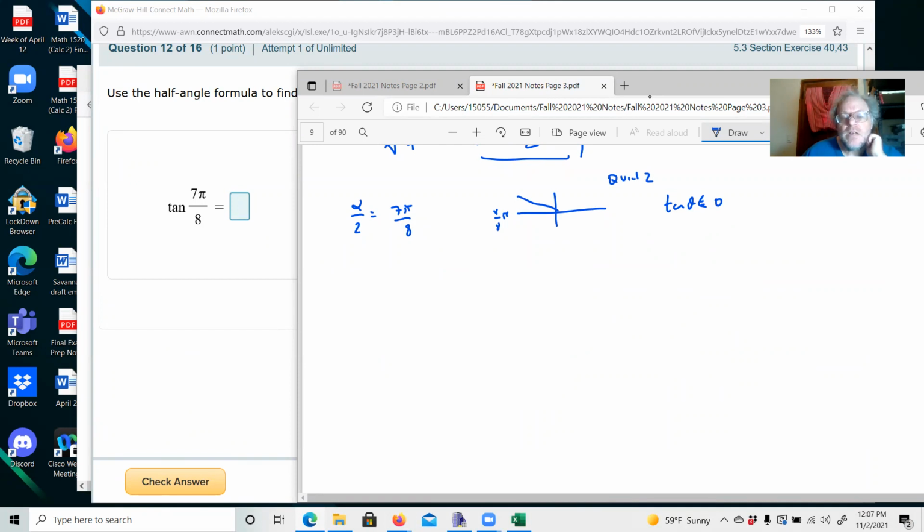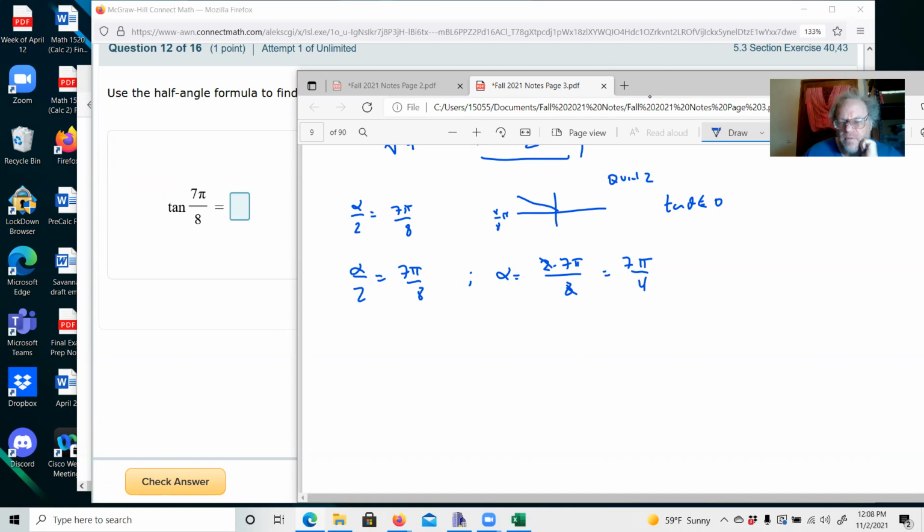Tangent of theta is going to be negative. Okay, so alpha over 2 is equal to 7 pi over 8. Let's go ahead and just do that. So we have alpha is equal to 2 times 7 pi over 8. That cancels out a little bit, so that's 7 pi over 4, it looks like.